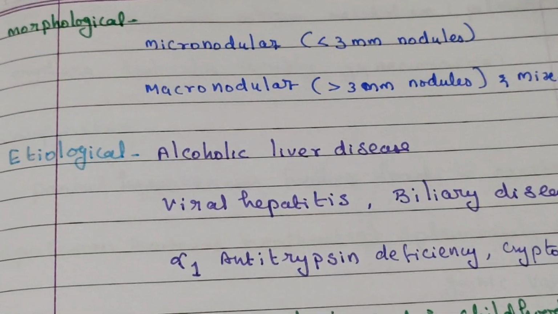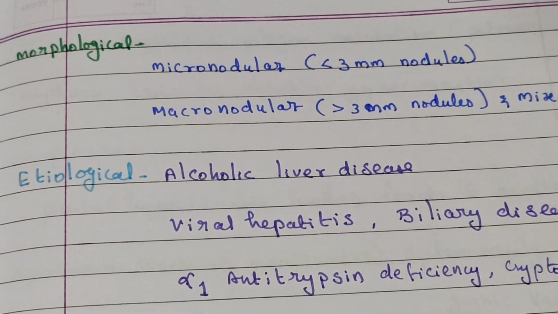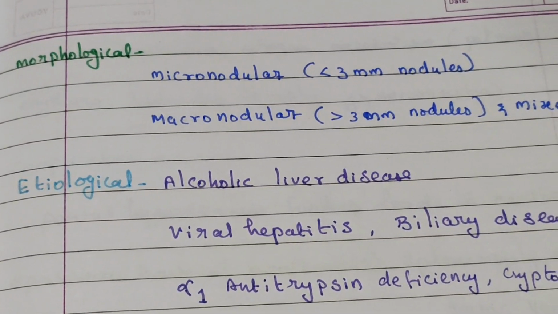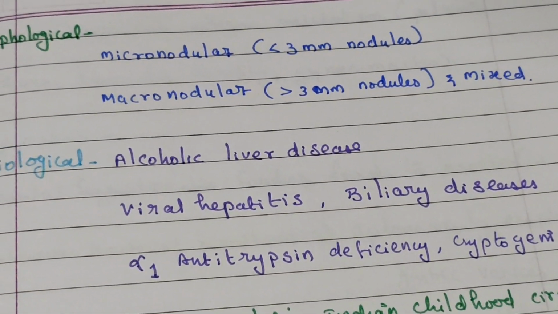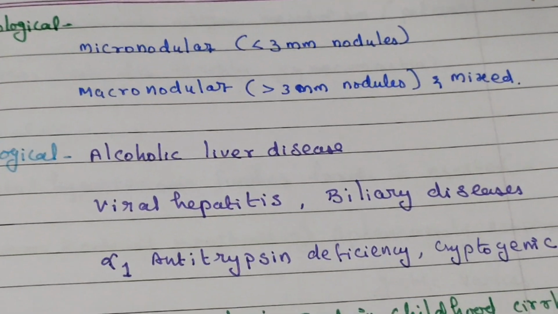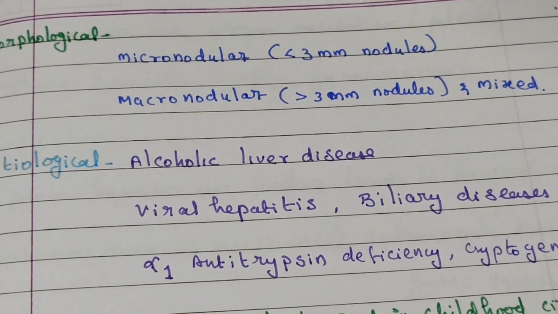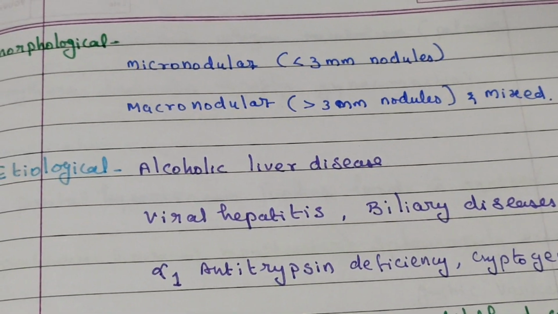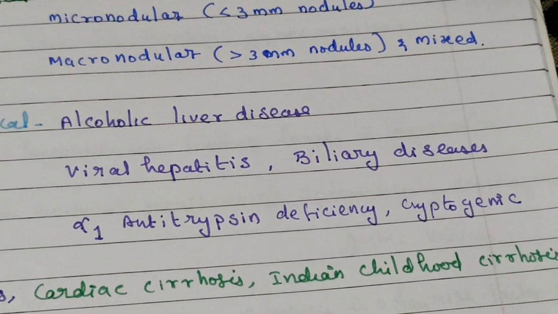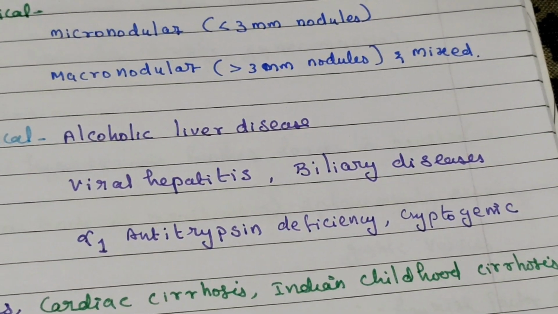Now going to etiology, on the basis of which things can cause cirrhosis. Number one, it can be alcoholic liver disease. Very important, viral hepatitis can cause it. Then biliary diseases, alpha 1 antitrypsin deficiency.